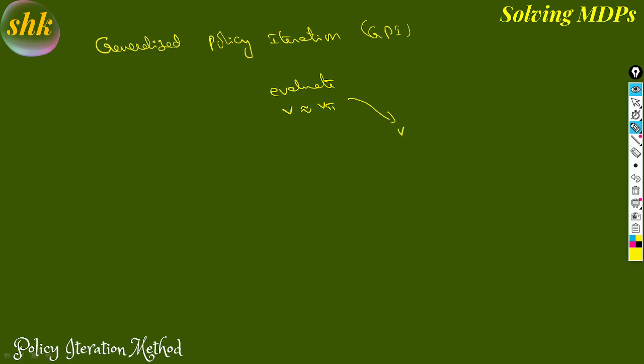From this, we get a new value function v. From this, we get the new policy pi, by applying a greedy method on the value function v, which is the improvement of the policy. For the new policy, again we evaluate pi. So this loop will be iterated until we attain the optimal policy.